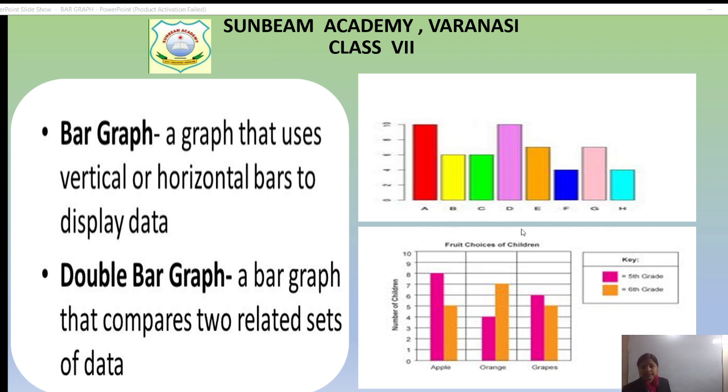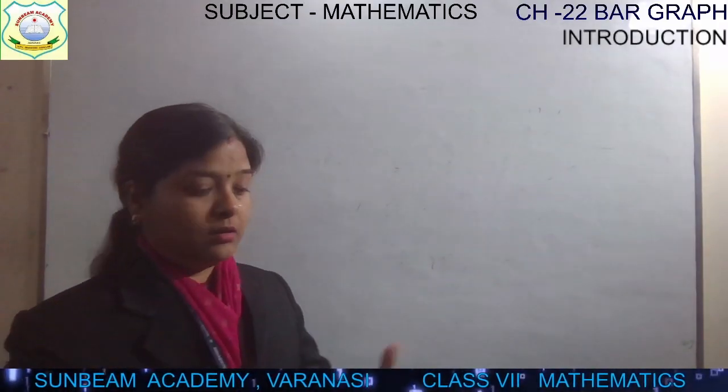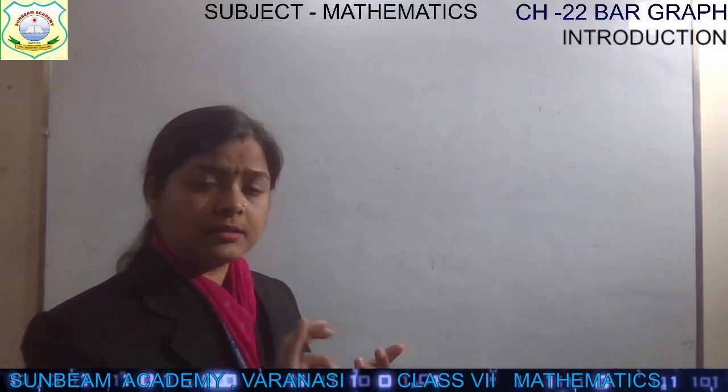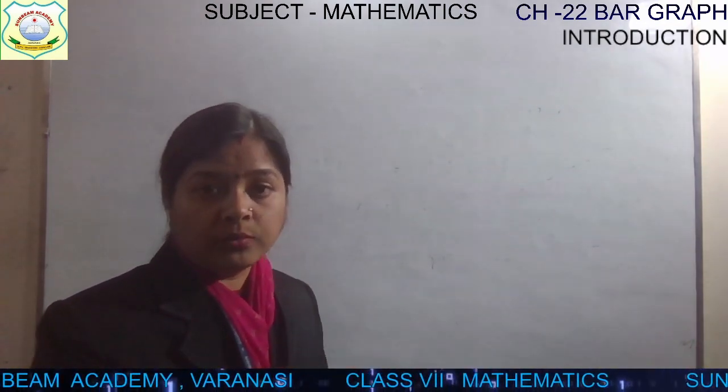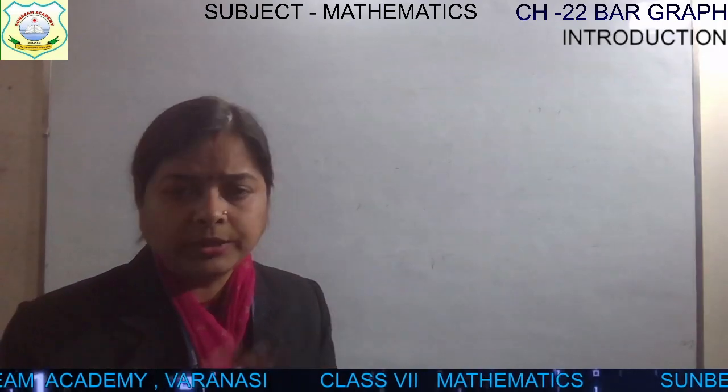The 5th grade and 6th grade data, the number of children who like apple, who like orange, who like grapes. This is the proper analysis of that data. If I write in class 5th grade, in class 6th grade, the number of students who like apple, grape, orange, nobody is going to read it.